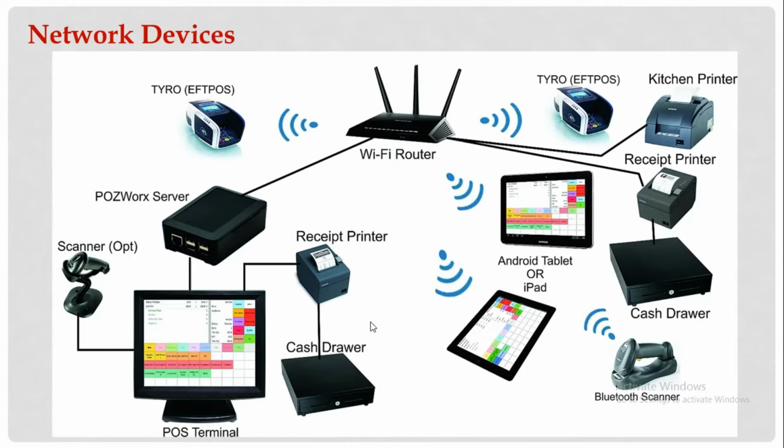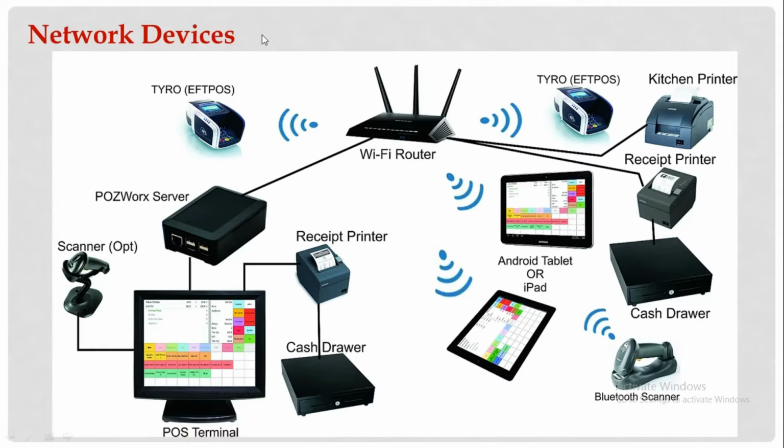The end device can be a scanner, a cash drawer, or a Bluetooth scanner, which is used in libraries. These also will be connected to a network. The end device can be a tablet, a mobile phone, etc.